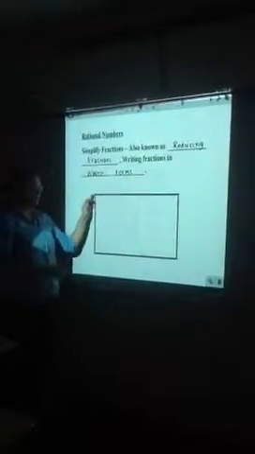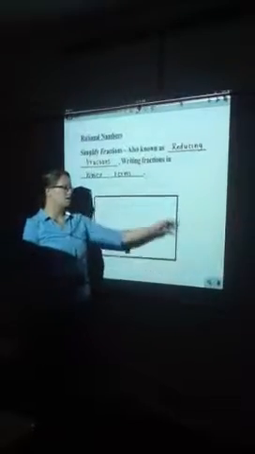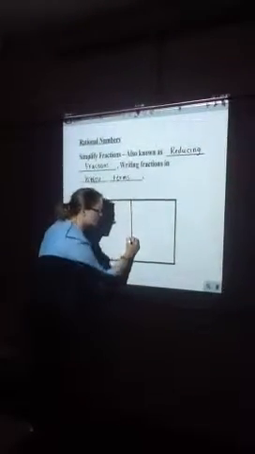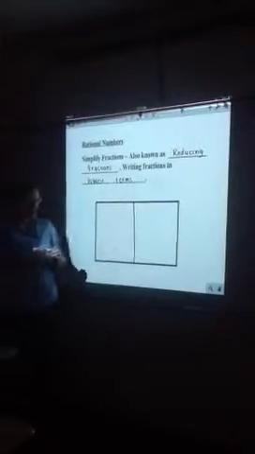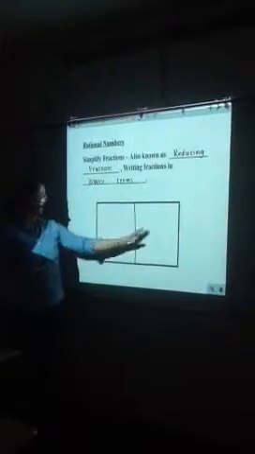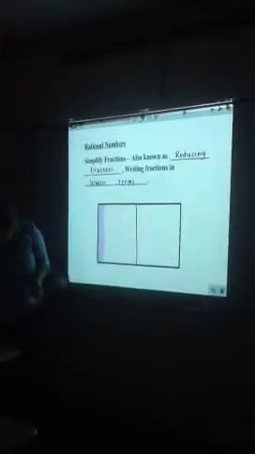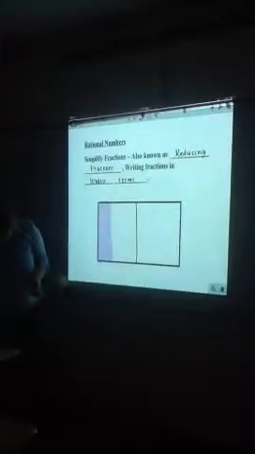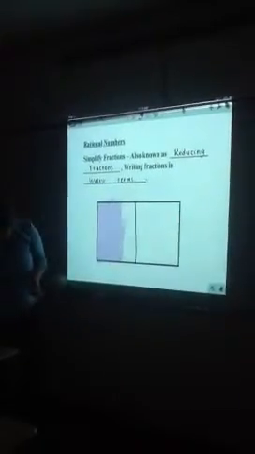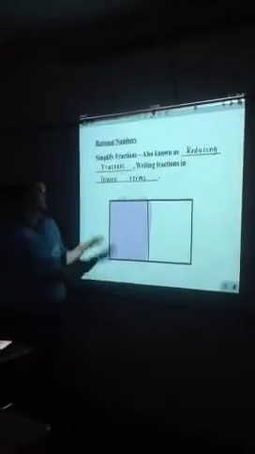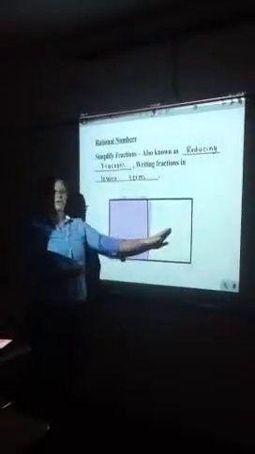So a quick review about fractions. If we look at this block, it's one whole block. If I draw a line down the middle, I now have one block in two parts. Now we'll consider the colored in portion of this block.